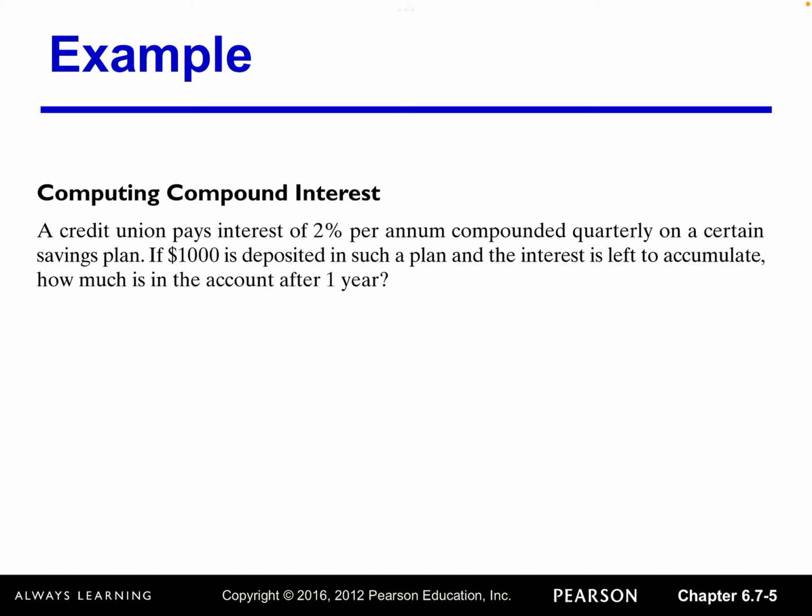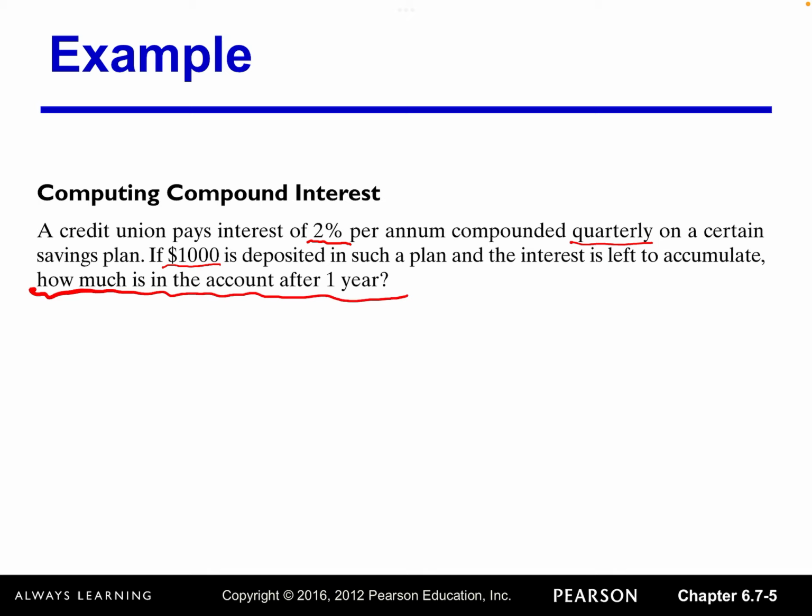A credit union pays interest of 2% per annum, compounded quarterly, on a certain saving plan. If $1,000 is deposited in such a plan and the interest is left to accumulate, the question asks how much is in the account after 1 year.